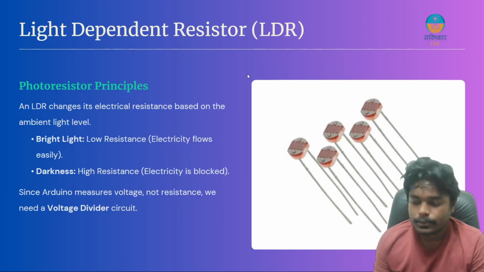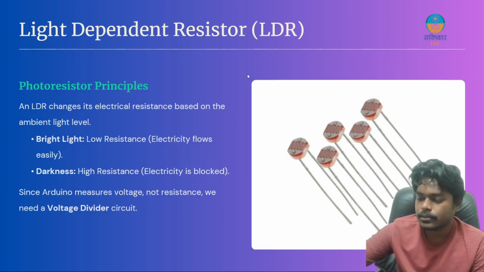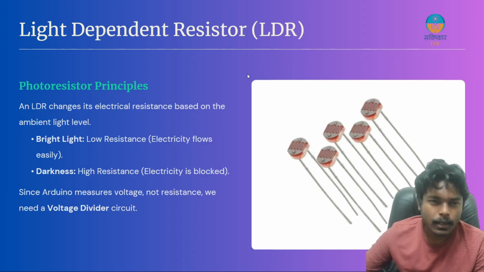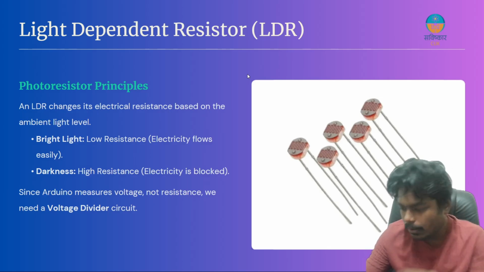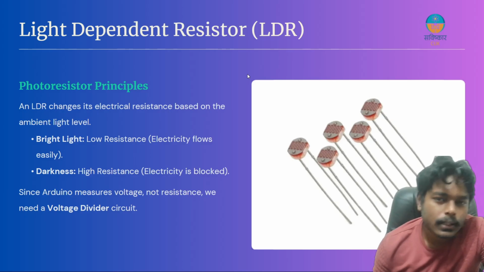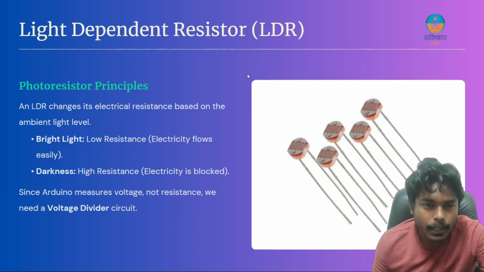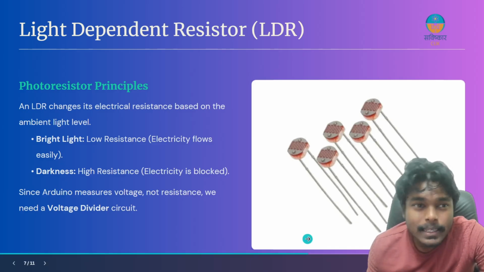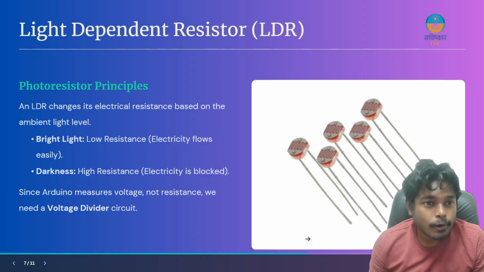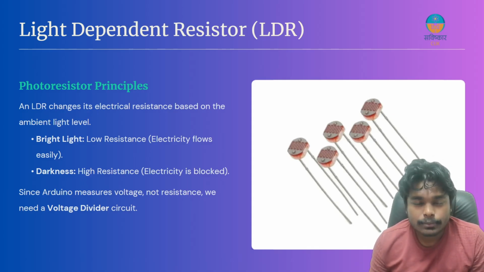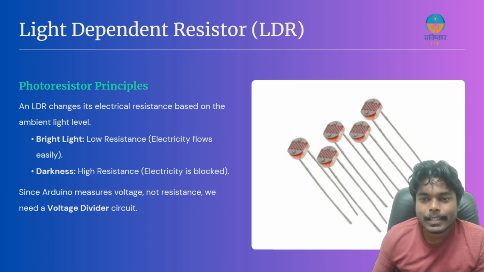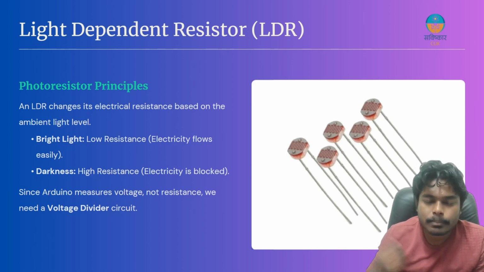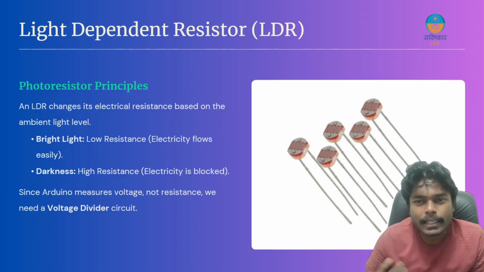All right, guys. So we are done with the ultrasonic sensor. We have learned how to integrate the ultrasonic sensor with our Arduino Uno. Now let's talk about LDR, or light dependent resistor. What is LDR? It is basically a photoresistor, and it works on the principle that its electrical resistance changes based on light intensity.